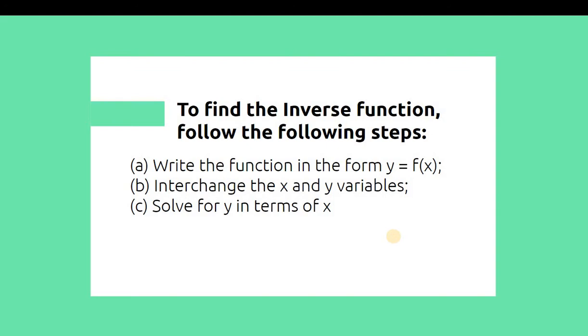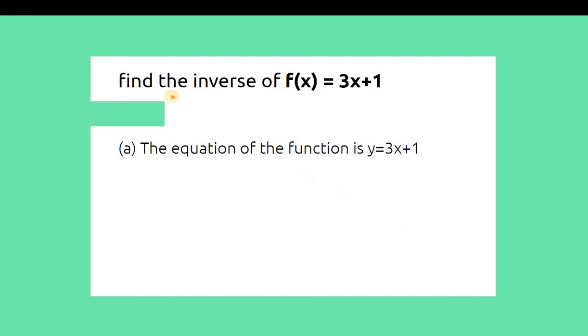And then, letter C is to solve for y in terms of x. Okay? So, solve daw natin yung y using x. Tingnan natin paano siya mangyayari. So, let's say we want to inverse the function 3x + 1.